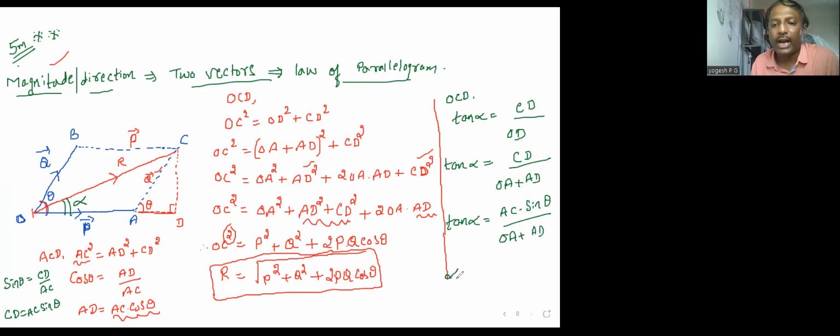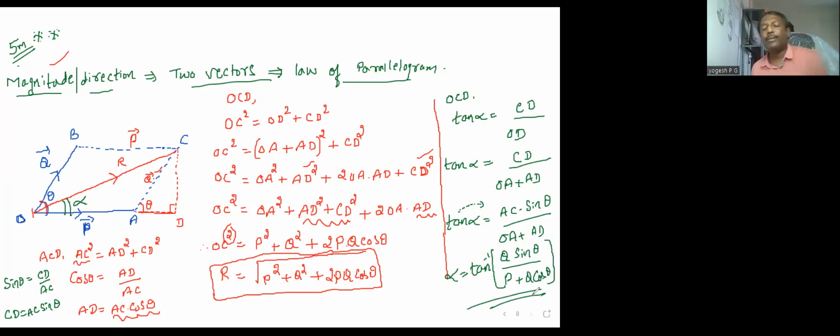If you want only alpha, you can shift the function tan to the right side, students. It becomes tan inverse. What is AC from the diagram? Q sin theta by P plus Q cos theta. So to find the direction alpha, what is the formula we are using?